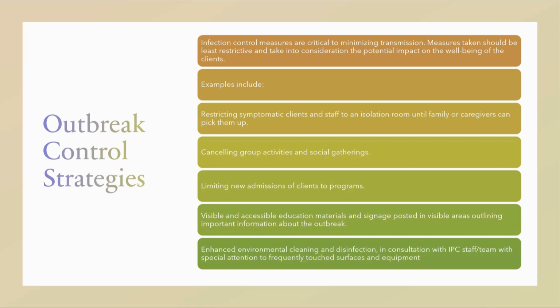We're going to isolate them as soon as possible away from those who are feeling well, who are asymptomatic. We put them somewhere, maybe an isolation room, away from everybody else, where they can't spread the infection until their caregiver, or the person responsible for them, comes to pick them up.